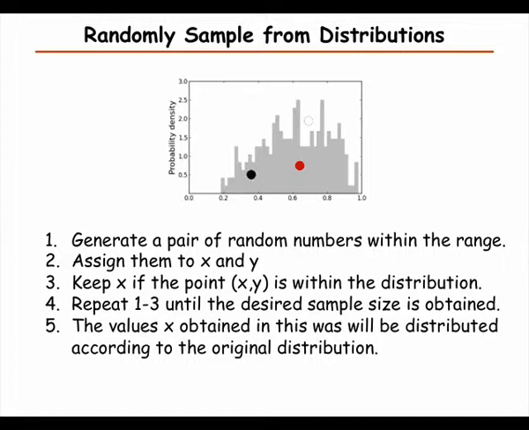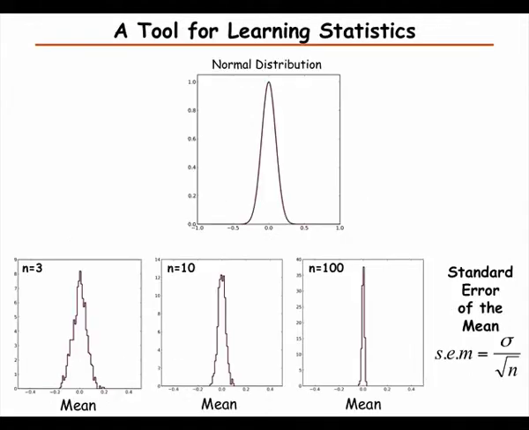And then we continue this process and sample as many points from the distributions as we want. So this is very easy to implement, and we've used it in the past, and I think you've actually seen some of the code to do this. So this is the basis of many Monte Carlo simulations.